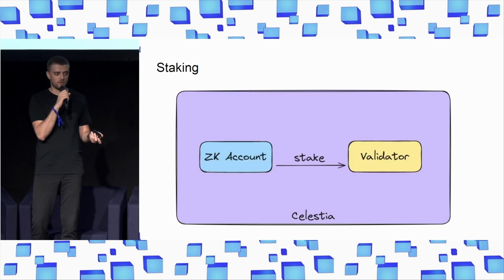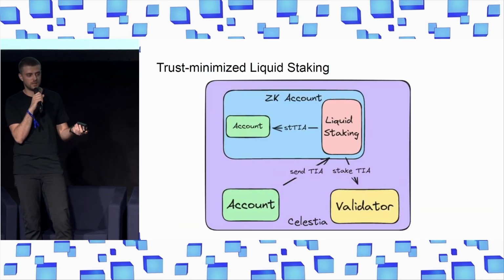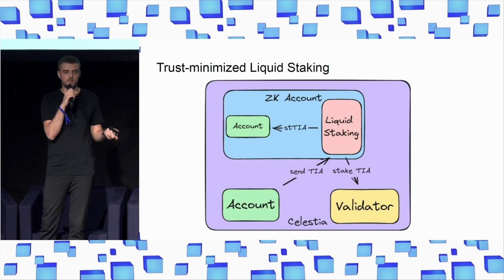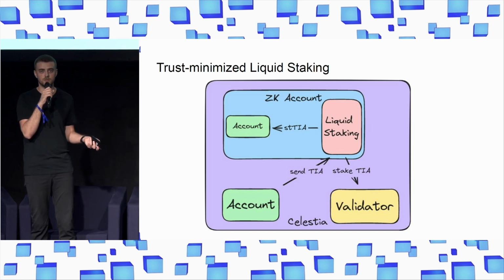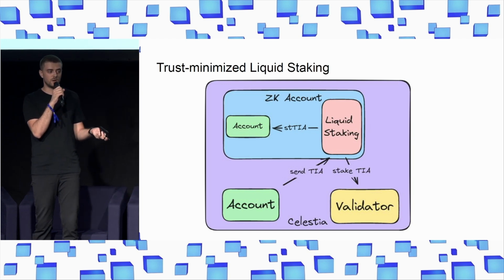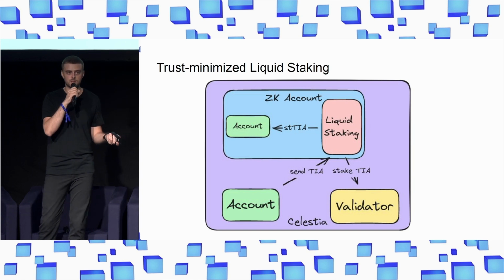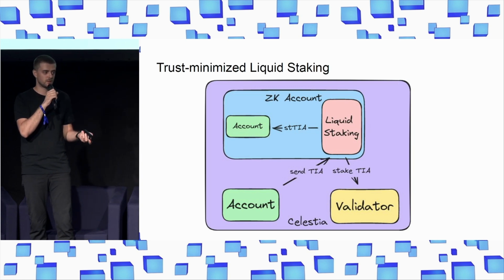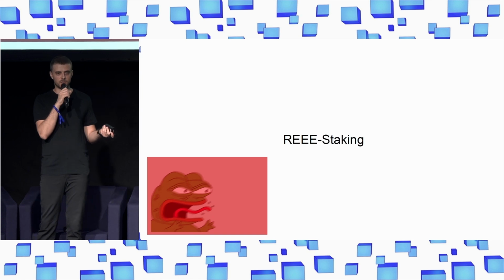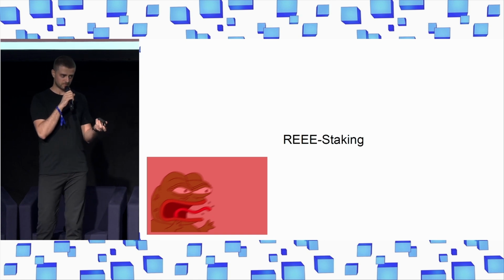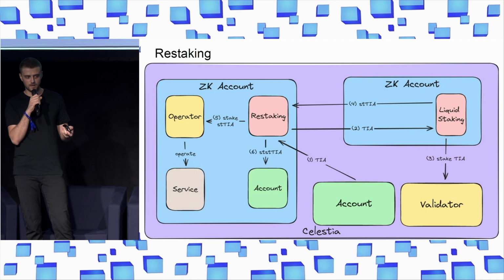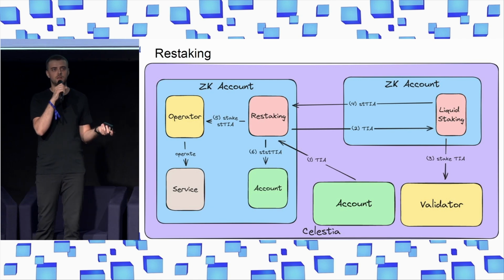And how you can change that is by putting, let's say, a liquid staking module into the ZK account. And now what you have is trust minimized liquid staking. And we can go to the final boss and look at restaking, and the flow is similar, right?